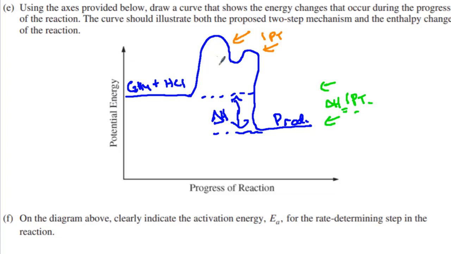So E was worth 2 points for drawing that graph. And last but not least, F is looking for the activation energy in step 1. That's the energy we have to overcome in order to get the reaction to occur, and that's worth 1 point.